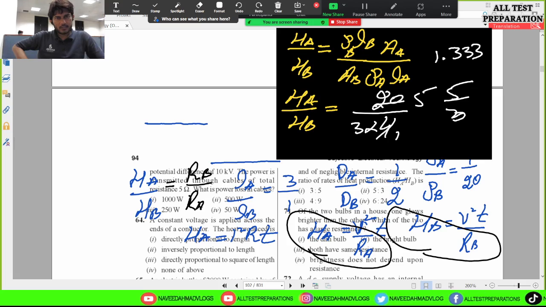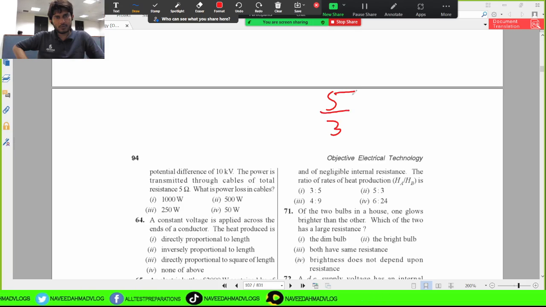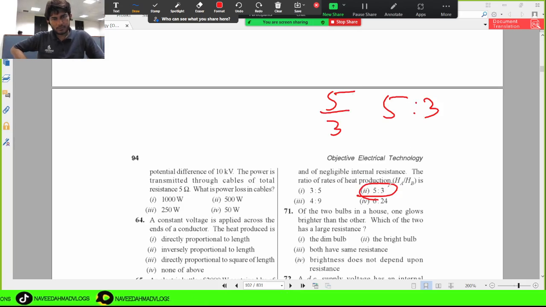You can write in the ratio, that should be 5:3. Like your 5 divided by 3 is equal to 5:3. We can write it like this. So option B will be the correct answer.